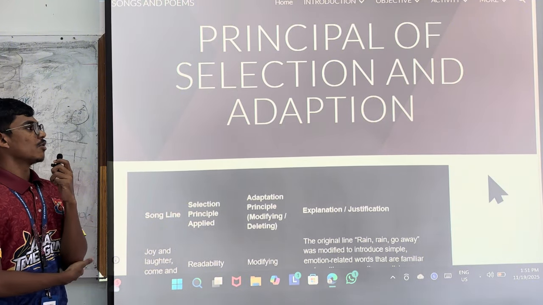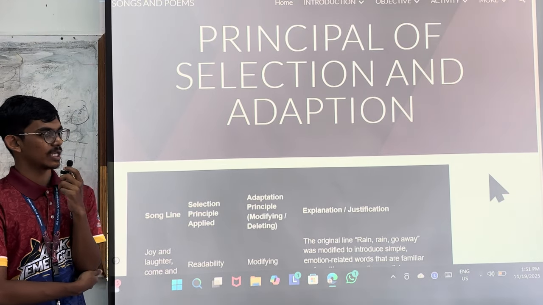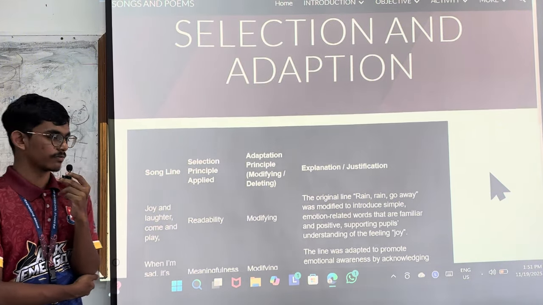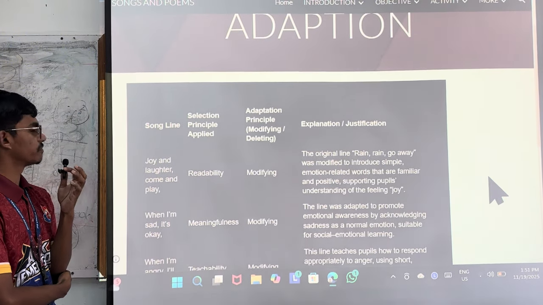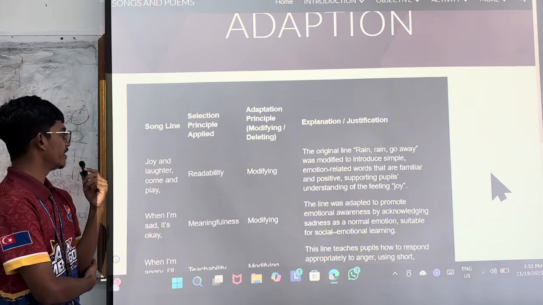Okay, so now we are going to move on to the principle of selection and adaptation. The first is the first song line, which is "Joy and laughter come and play."